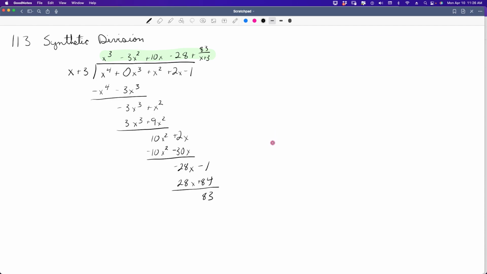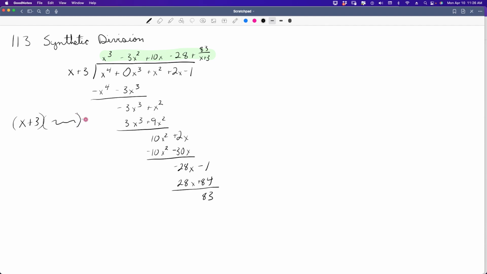So the first thing we need to do in order to do synthetic division is we're going to take the zero or the root of our divisor. And the way we do that, remember when we factor something, right? If we find it's a factor, we get x plus 3, and then whatever the other term is, equal to 0.